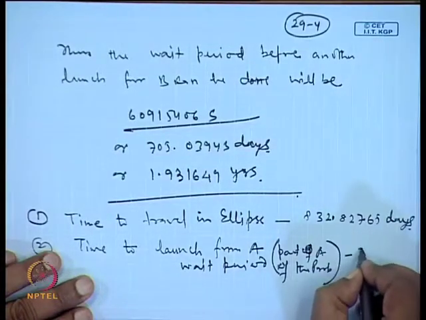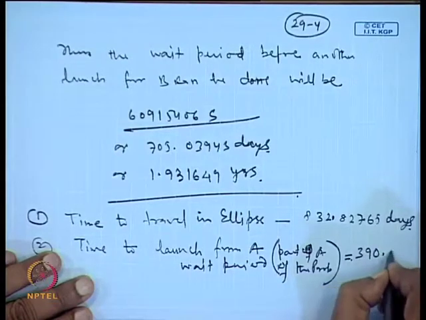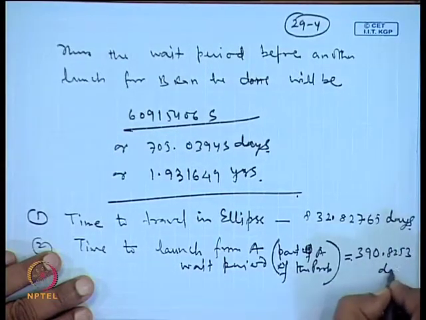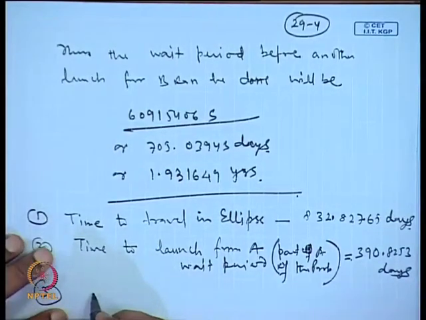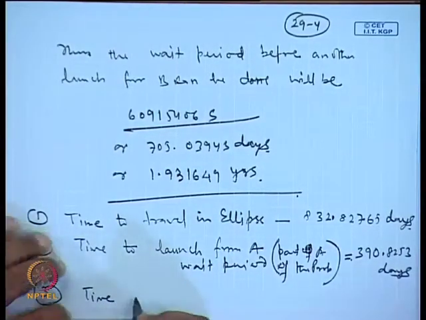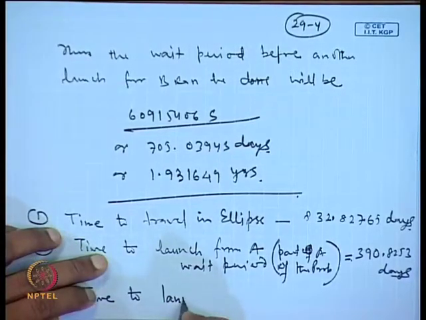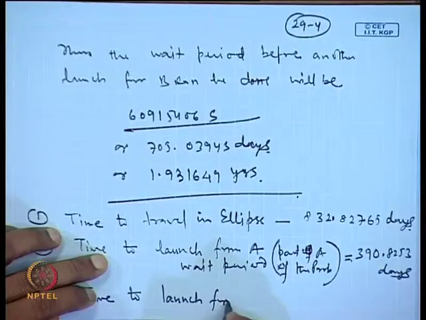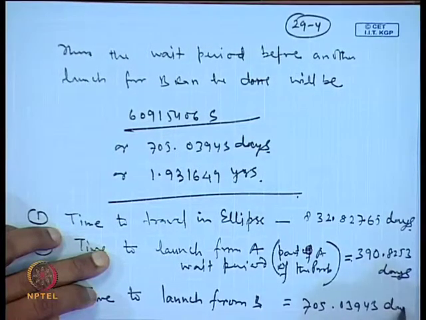So, this is 390.8253 days, and third, now we have got time to launch from B, this is 705.03943 days.